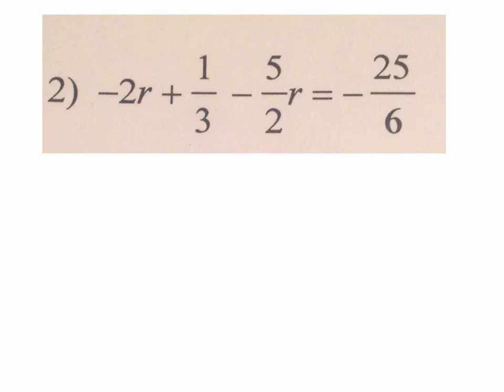Okay, so let's get into our final example. We will do problem number 2. Step 1, we're trying to take a look at the fractions here. We've got thirds, halves, and sixths. And step 1 is to find the lowest common denominator. And hopefully you came up with 6.